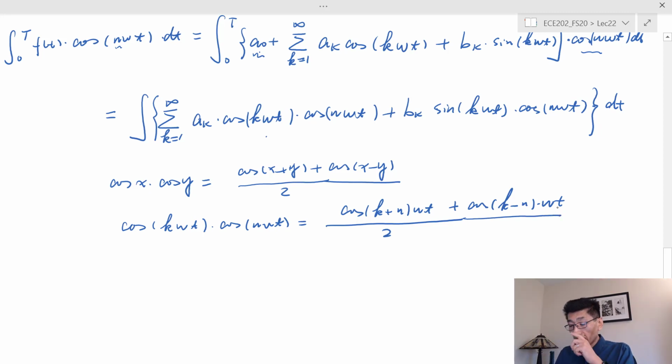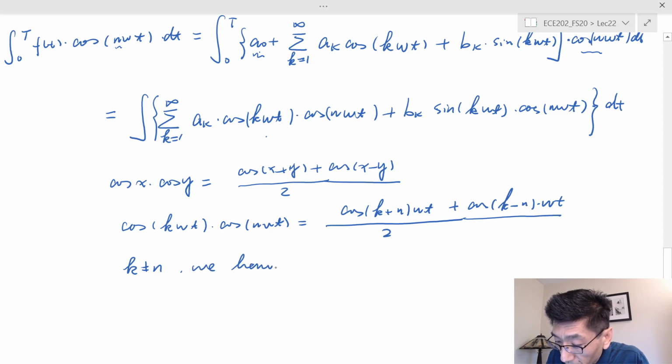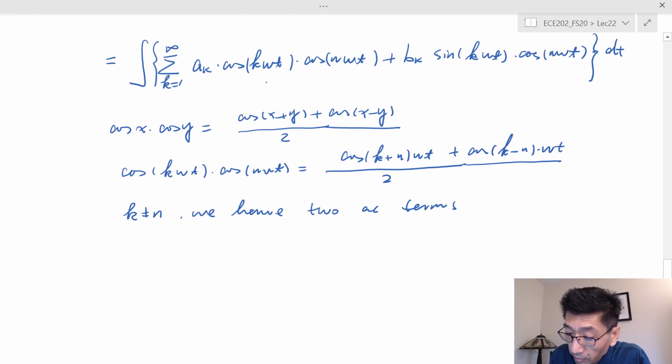When k is not equal to n, we will have two AC terms, and therefore their integration is going to be 0, right? So only if k equals n do we get something different.